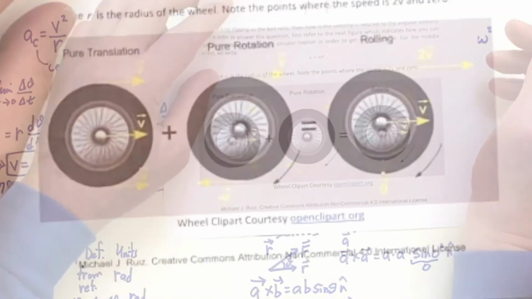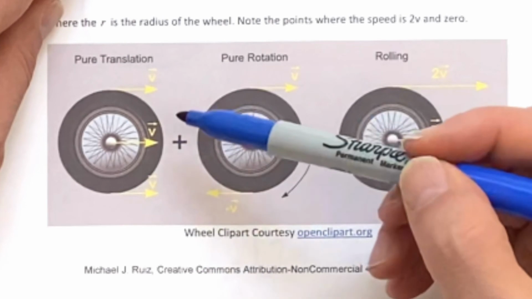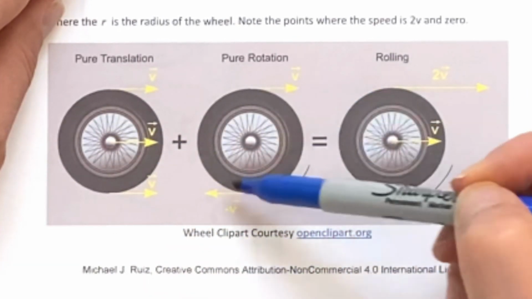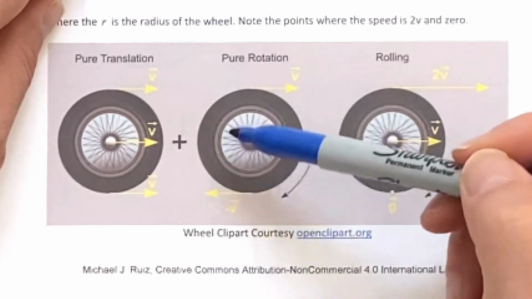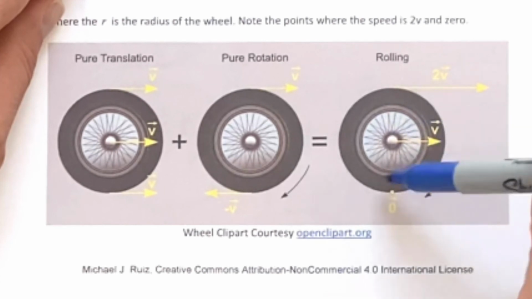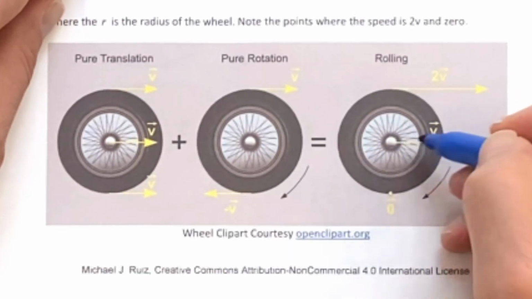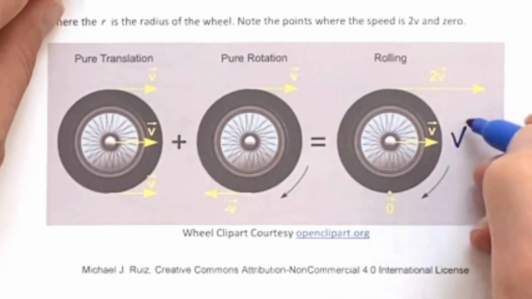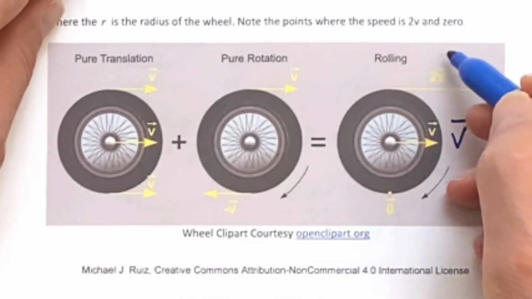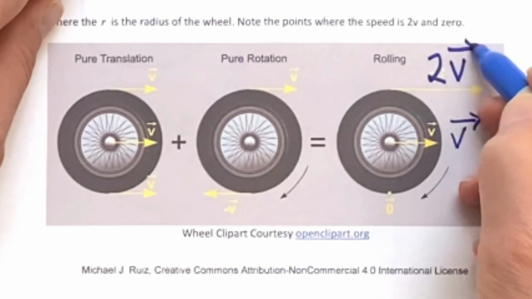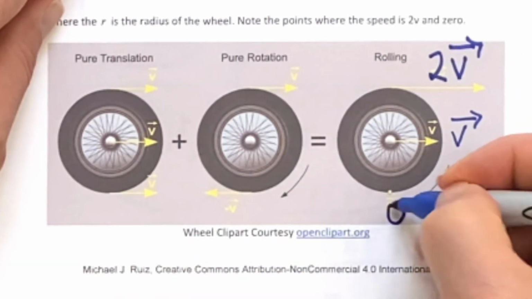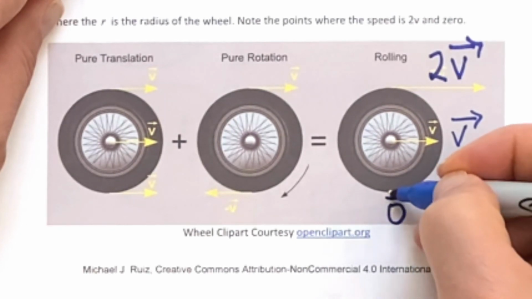So a neat little diagram to help us understand this is to have the pure translation and the pure rotation. And when we combine these together, we get the rolling ball. Notice that the velocity in the middle is v, and the velocity at the top, v plus v, is 2v, and the velocity of the point down at the bottom is 0. Actually, that velocity is 0.